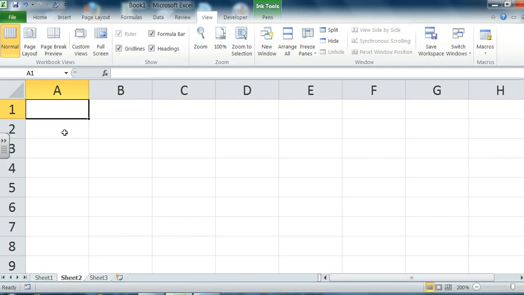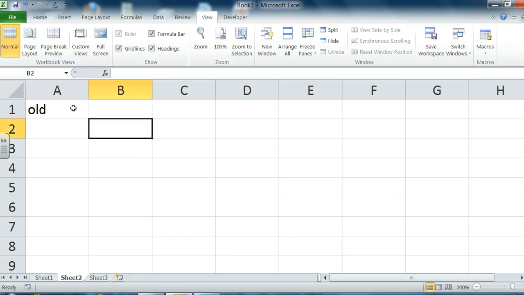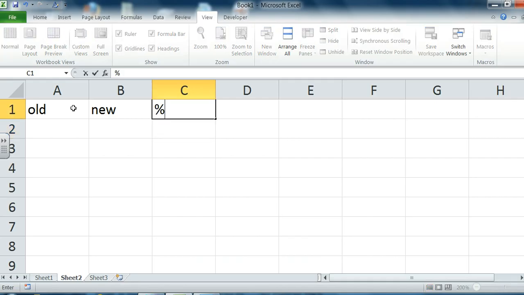So we come to our spreadsheet and we have some old data, and we have some new data, and then we want percent error.